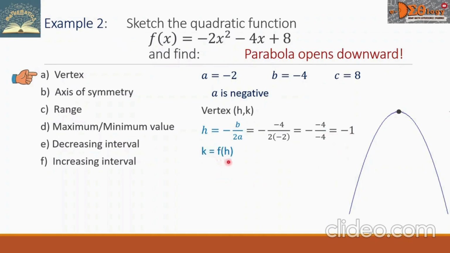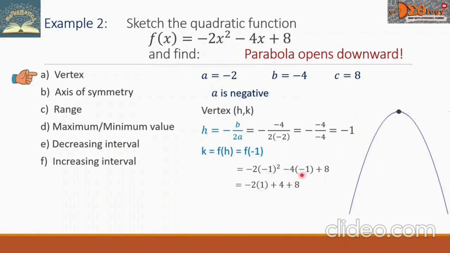K equals f of h. Our h is negative 1, so we evaluate f of negative 1. Our function is here, so we evaluate this by negative 1. So we have negative 2 times the square of negative 1 minus 4 times negative 1 plus 8. The square of negative 1 is positive 1.